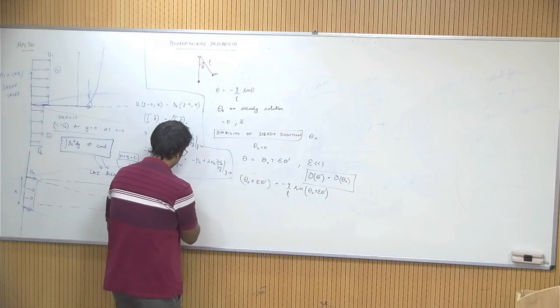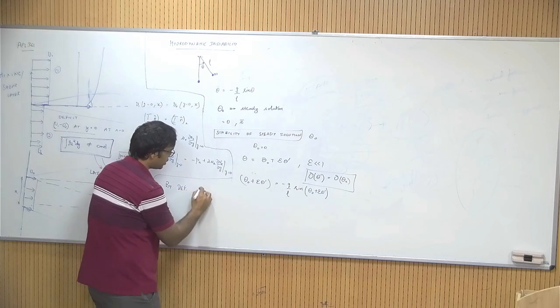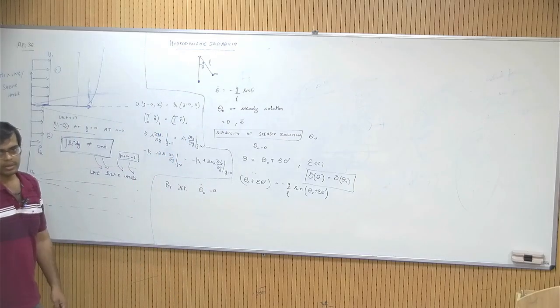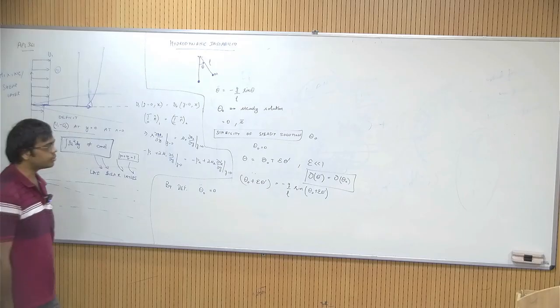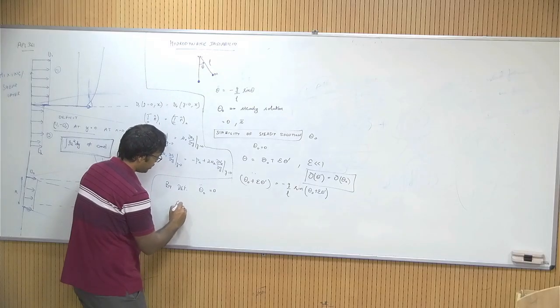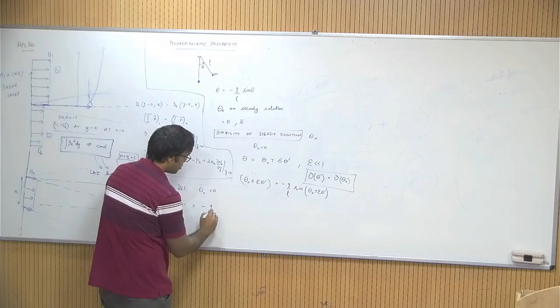So by definition of theta naught, theta naught double dot is 0. We are looking at stability of a steady solution. So on the left hand side, we are left with epsilon theta prime double dot equals minus g by L.